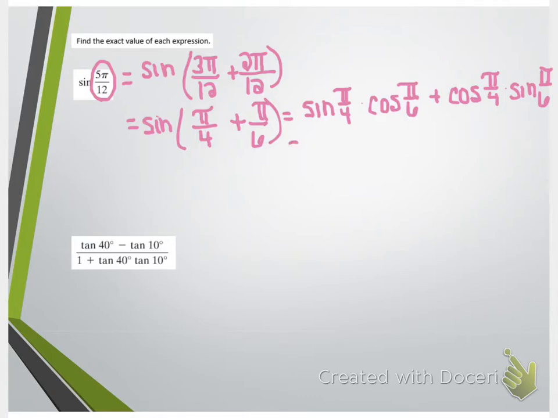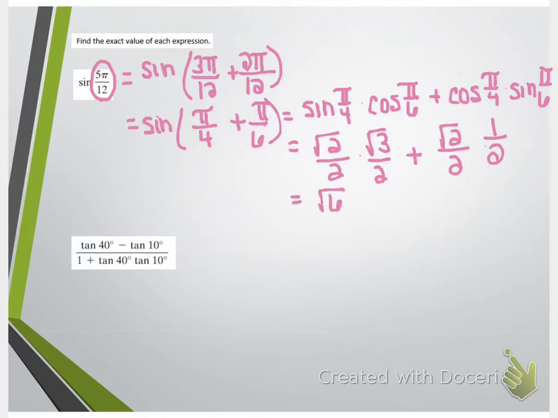All right, so sine of pi over 4 is root 2 over 2. Cosine of pi over 6 is root 3 over 2. Cosine of pi over 4 is root 2 over 2. And sine of pi over 6 is 1/2. So now if you multiply these things together, you get what?